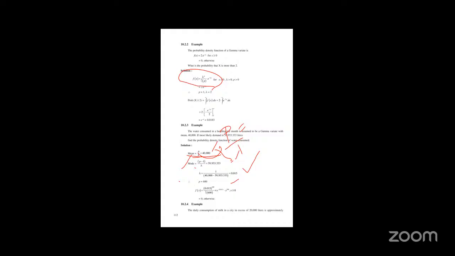In the place of lambda we substitute 0.015 power p, that is 600, by gamma function of 600 into e power minus 0.015 x, times x power p minus 1, that is 599, for x greater than or equal to 0, otherwise 0. Like this we can find the probability.